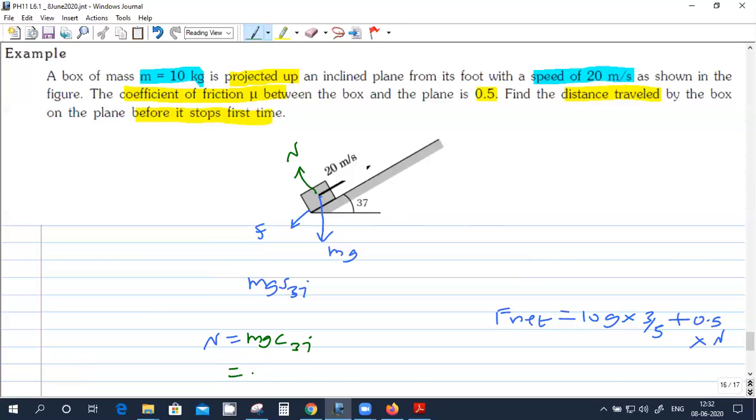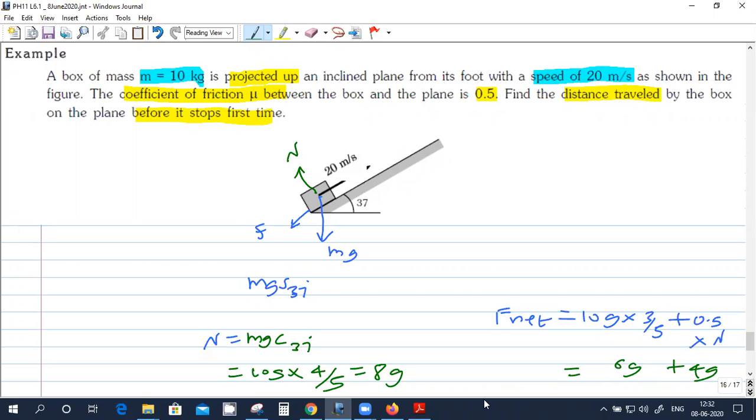Cos 37 is 4 by 5. So changing this one plus 0.5. I'm going to simplify this one. 8G, right? So it will become 4G. This is 2, this is 6G, right?